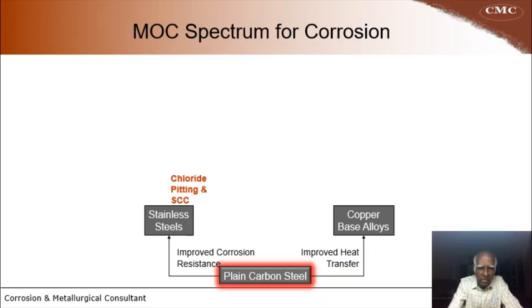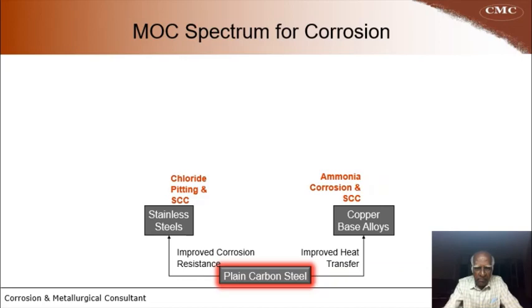These materials also have certain corrosion problems. Stainless steels are susceptible to chloride pitting and stress corrosion cracking, whereas copper-based alloys are susceptible to ammonia corrosion and stress corrosion cracking by ammonia.